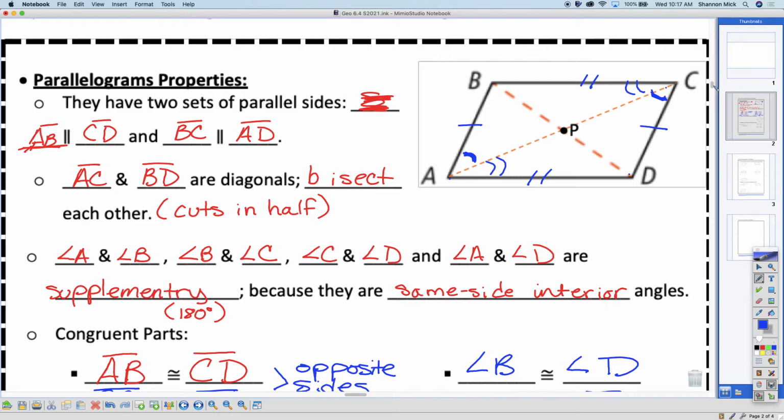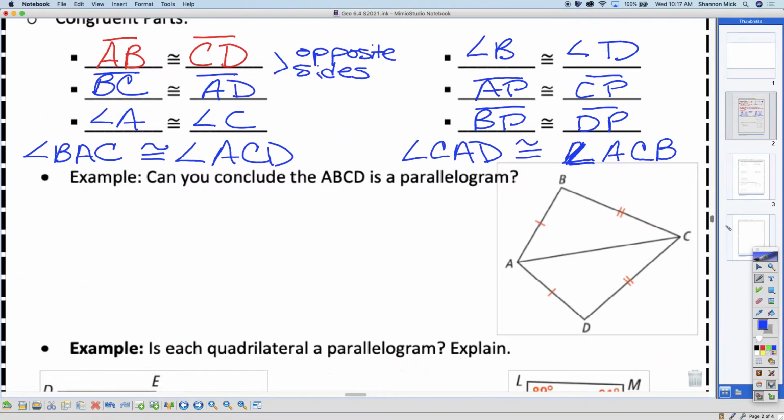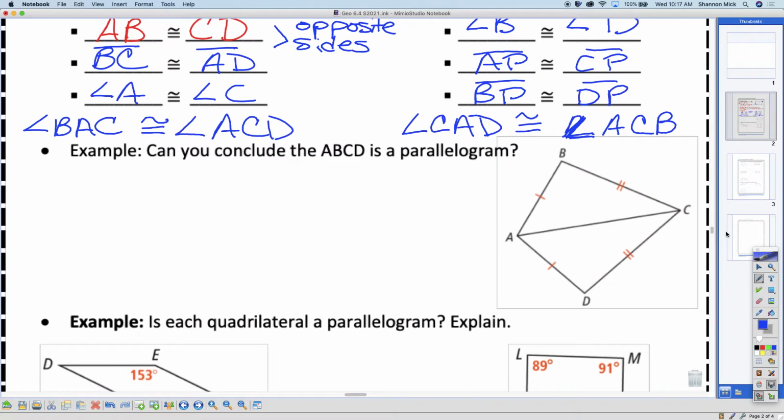This side and this side, they have to be parallel, but they have to be opposite, correct? Are these sides that are congruent opposite of each other? No. So is this a parallelogram? No.